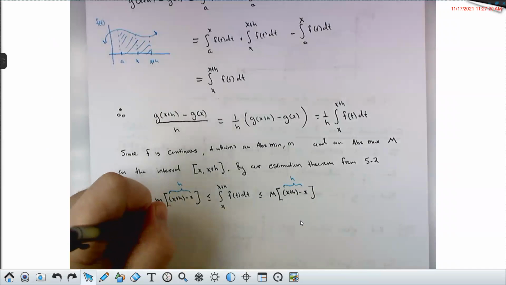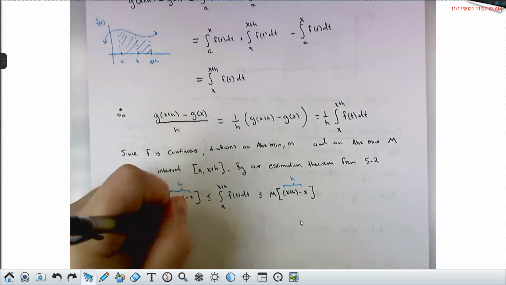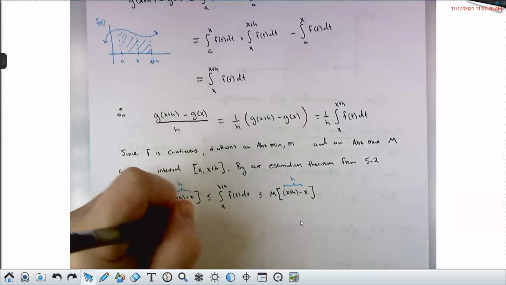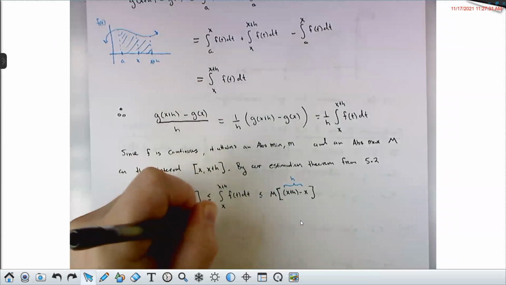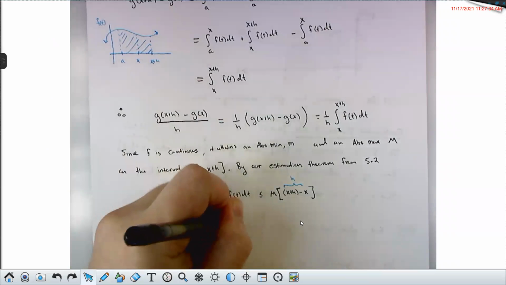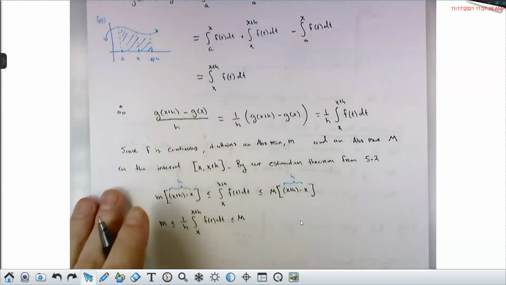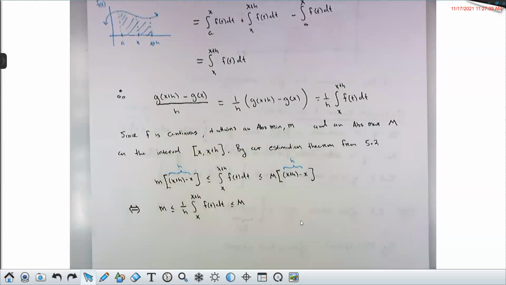So we get little m is less than or equal to 1 over h times the integral from x to x plus h of f of t dt, which is less than or equal to big M. So this is little m times h, and when I divide through by h, that just becomes little m. This is big M times h. When I divide through by h, it just becomes big M, and this thing, when I divide through by h, is 1 over h times that integral.